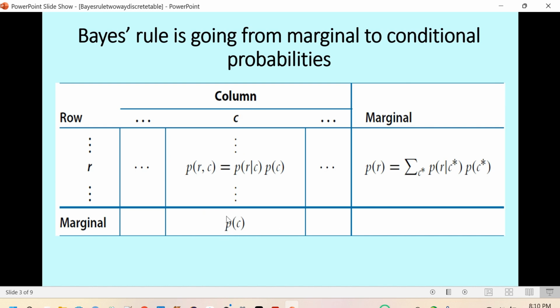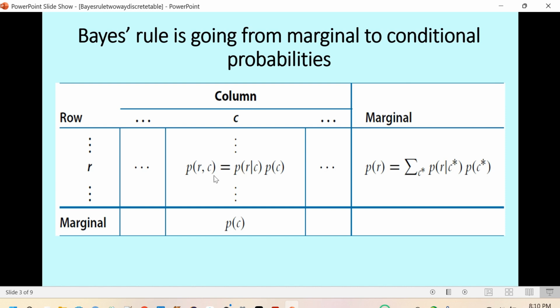This C is the prior probability, which means if we have no other information and just take randomly from the population, we can only know this probability of C. Now we have information in this table. Each field is the probability of R and C, right?